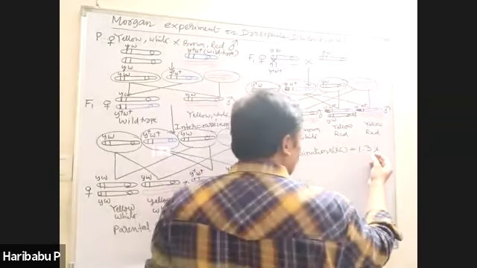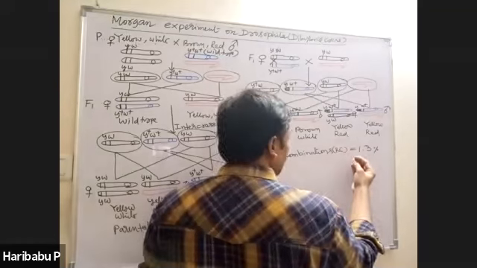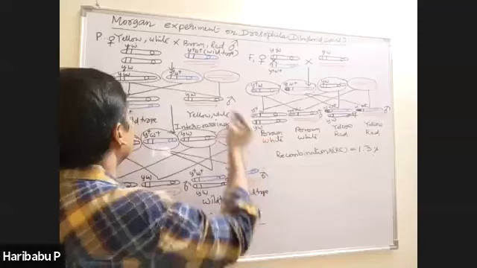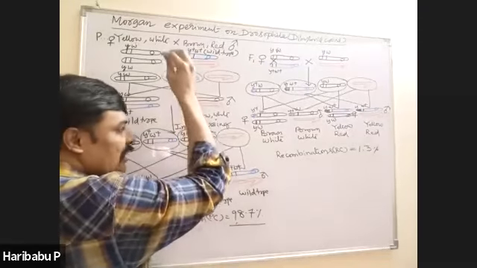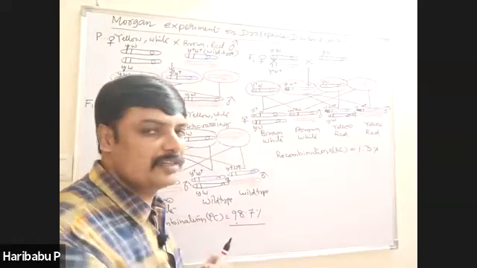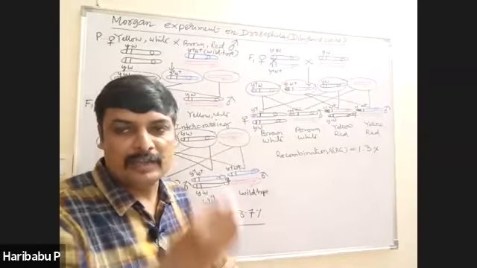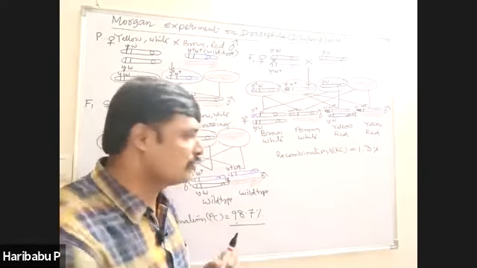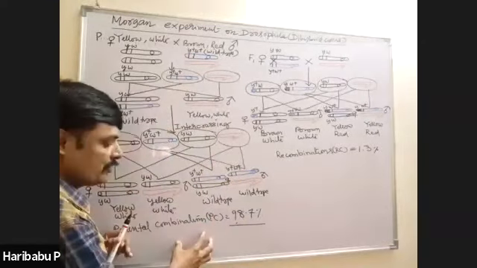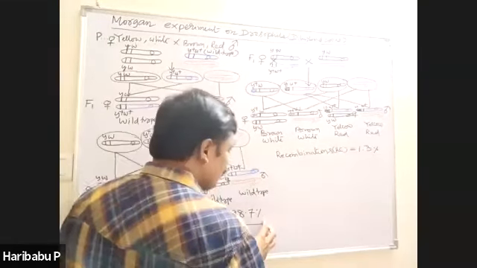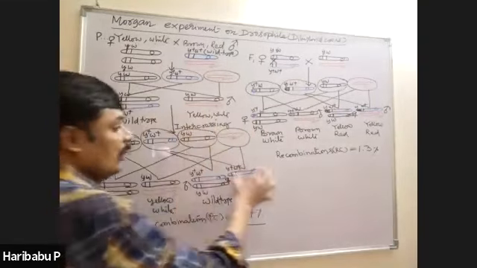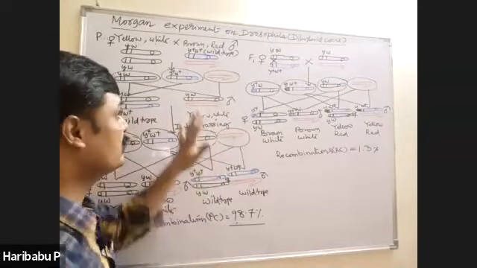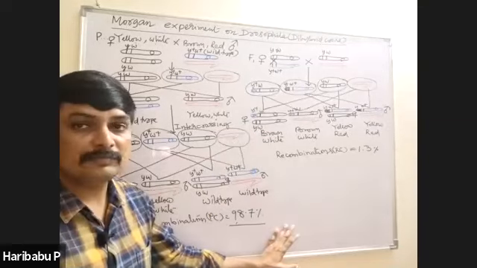Only 1.3% recombinations appeared, but more parental combinations appeared. This is due to linkage. As linkage is more, recombinations are less. And they do not show independent assortment. That is the reason why here, 98.7% parental combinations and 1.3% recombinations were obtained. This is about the first cross.